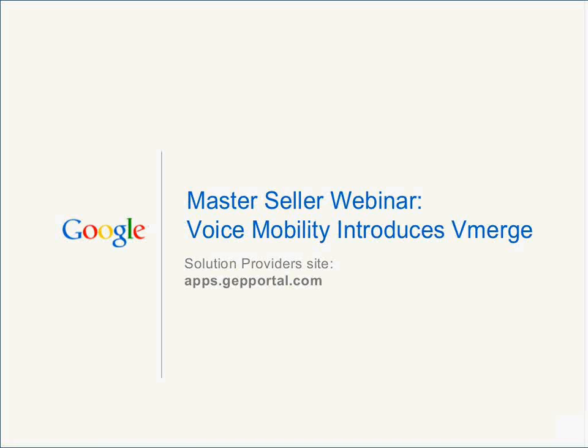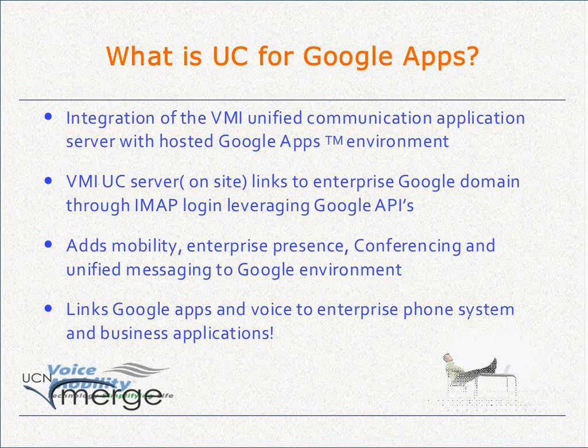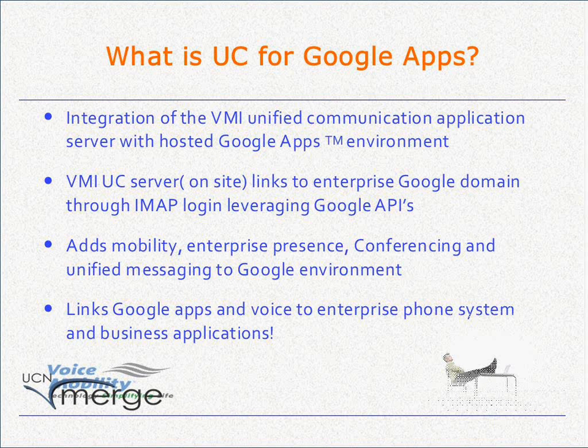So let's get started. I'm going to move to the first slide. What is Unified Communications, or UC, for Google Apps? In our case, Vmerge is an application that adds unified communication solutions to your existing Google Apps environment. We integrate your Google Apps hosted solution with on-premise infrastructure and applications.